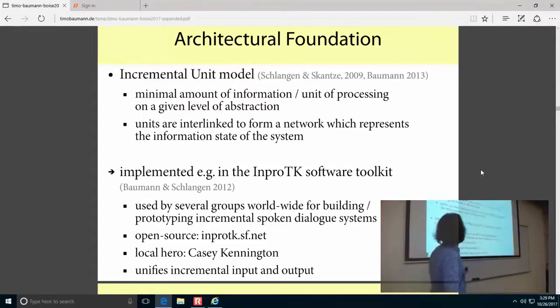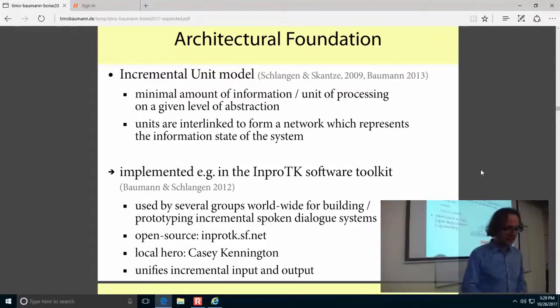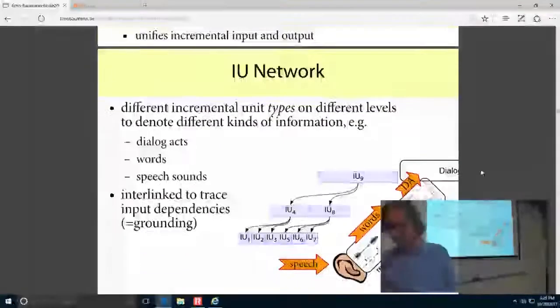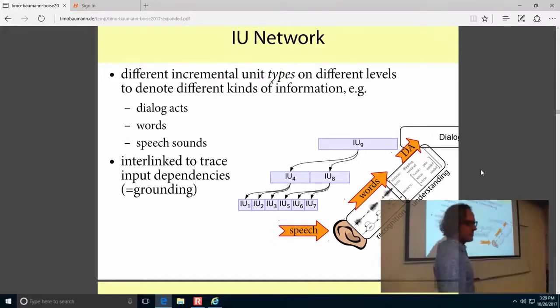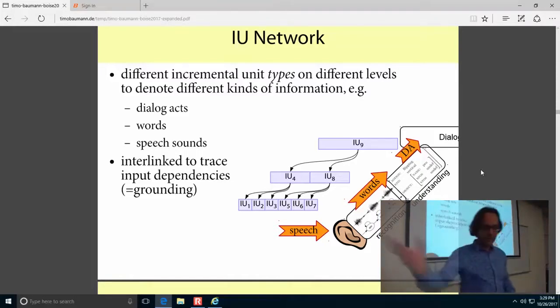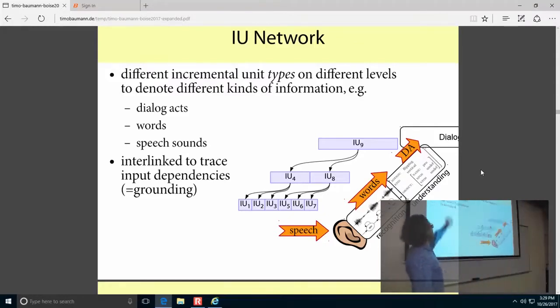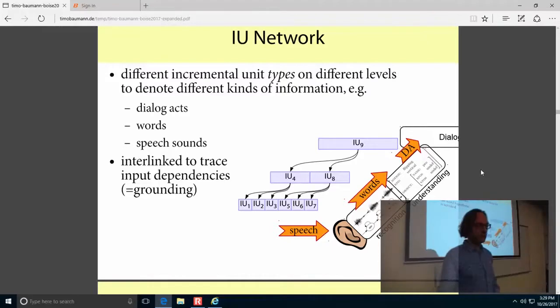So I talked about the information state, this IU network. In this network, we have different types of information on different levels of abstraction. And then we have these links to trace input dependencies and output dependencies likewise. So the grounding. Now over time, as time goes on, we will edit the network, as a result of belief changes. For example, we get more input.